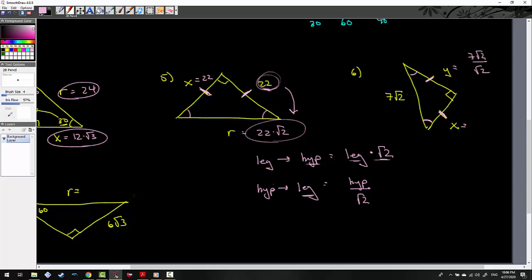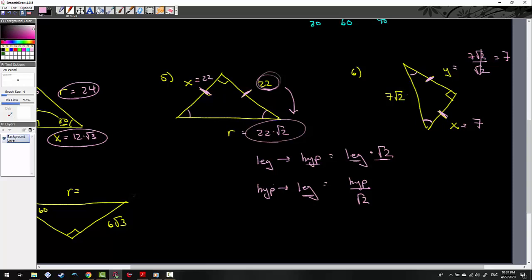Again, hypotenuse divided by rad 2 gets me in backwards motion back to the leg. The rad 2's are going to cancel each other out, giving me 7 and 7 here because of the identical tick marks. So remember, guys, in a 45, 45, 90 right triangle, when moving from leg to hypotenuse, we multiply by rad 2. In order to move backwards from hypotenuse back to leg, we divide by rad 2.